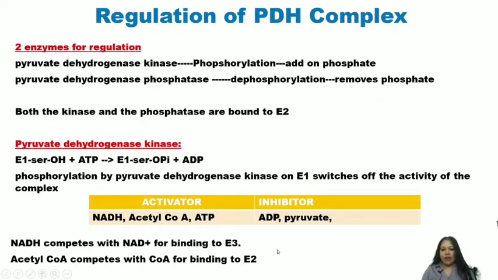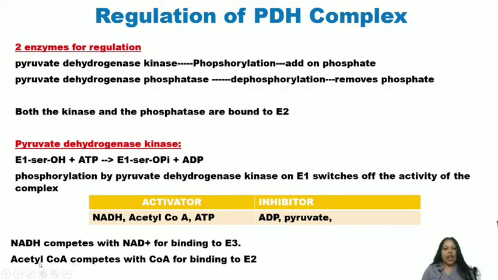In that, NAD plus comes and binds to E3, and it snatches protons from the FADH2, which is already present on the E3 complex. So what does NADH do? It competes with NAD plus for binding to E3. That's why it causes inhibition of this complex.